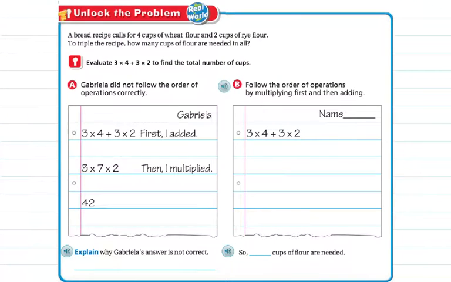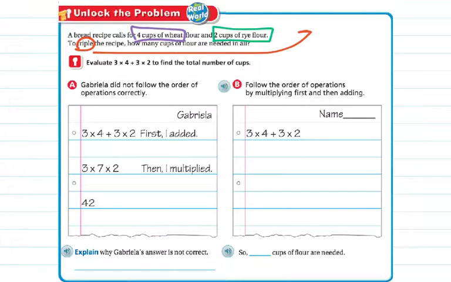So we're going to start with the unlock the problem, real world. It says a bread recipe calls for 4 cups of wheat flour and 2 cups of rye flour. You'll notice that I'm pulling out key items from the problem so I understand what is required. Next, it says to triple the recipe, how many cups of flour are needed in all.